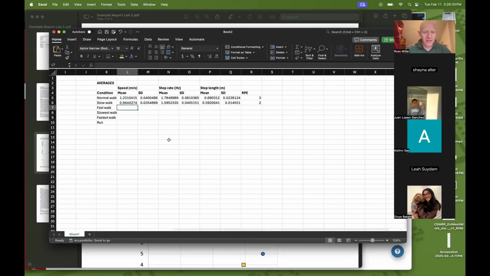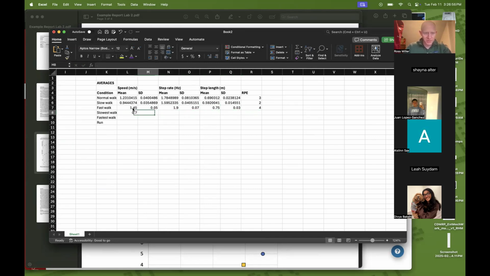Okay, so suppose you have things here, and I'm just going to make up numbers. Let's suppose that the fast walk was an average speed of 1.45, a standard deviation of 0.05, and maybe the step rate was 0.9, 0.07, and maybe the step length was 0.75, 0.03, and maybe RPE was 4.